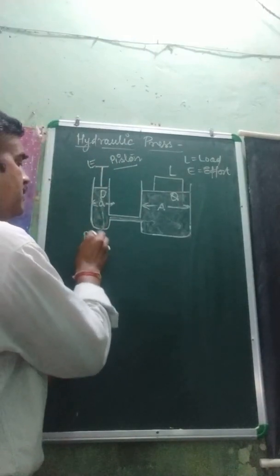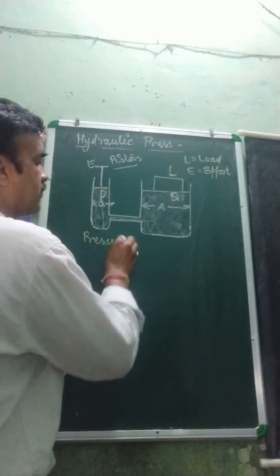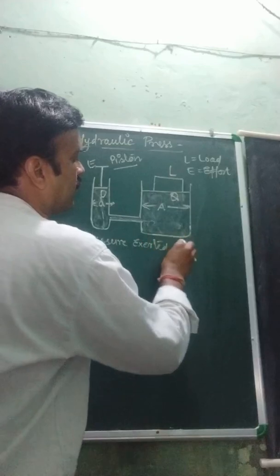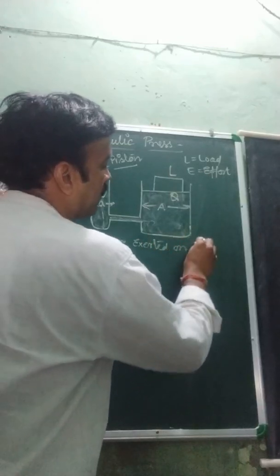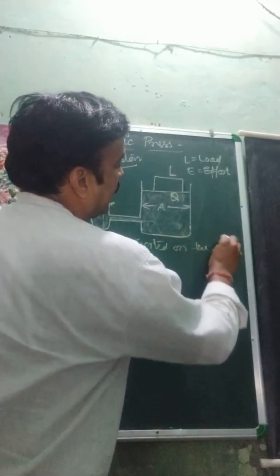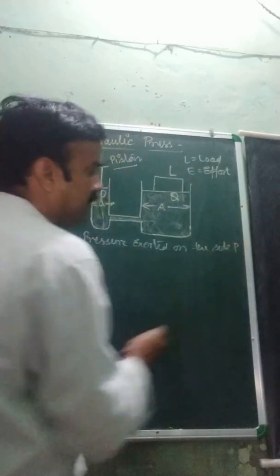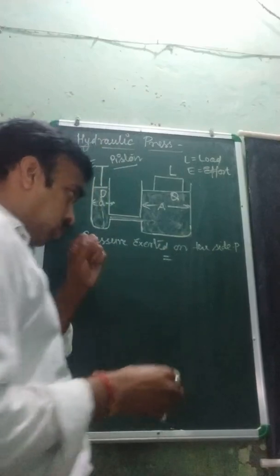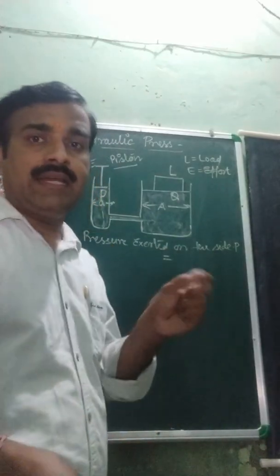So pressure exerted on the side P. The formula for pressure equals force upon area.